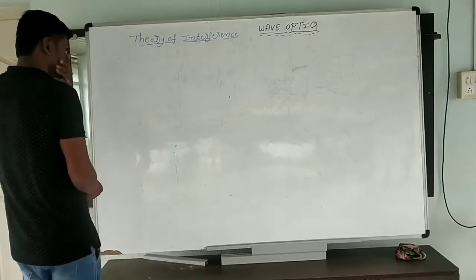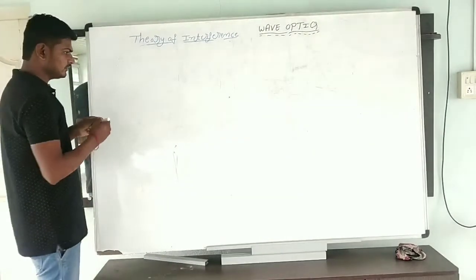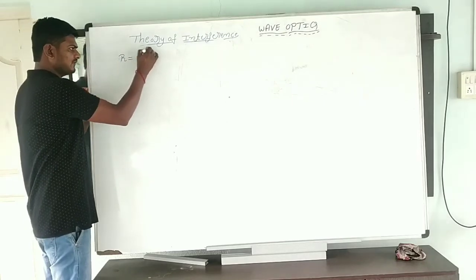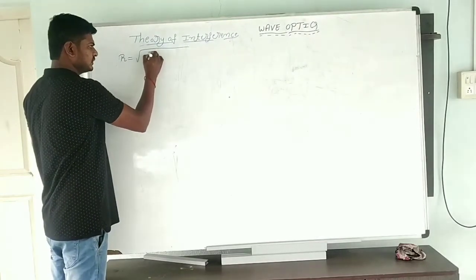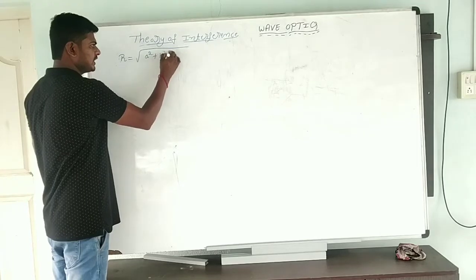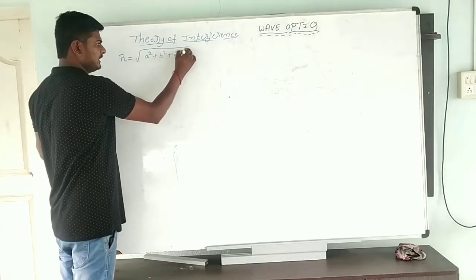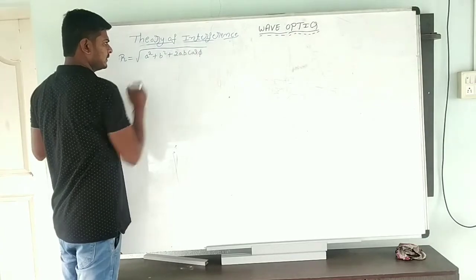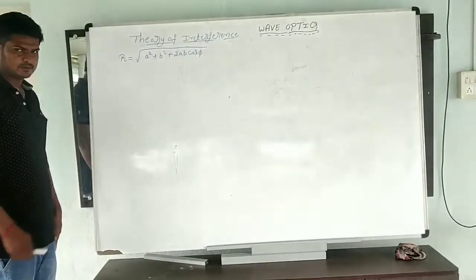Now say we got the resultant amplitude R is how much? Root of A square plus B square plus 2AB cos phi. Clear? Yes, no?